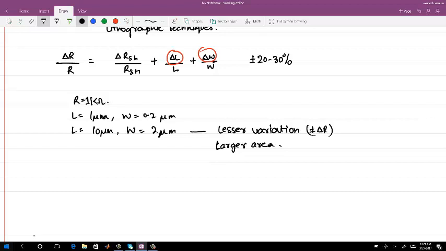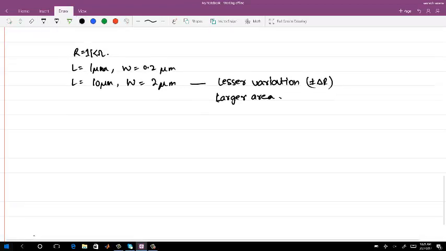Capacitance associated with the resistor. Any resistor which you realize on silicon, you should make sure you know that there is a substrate.